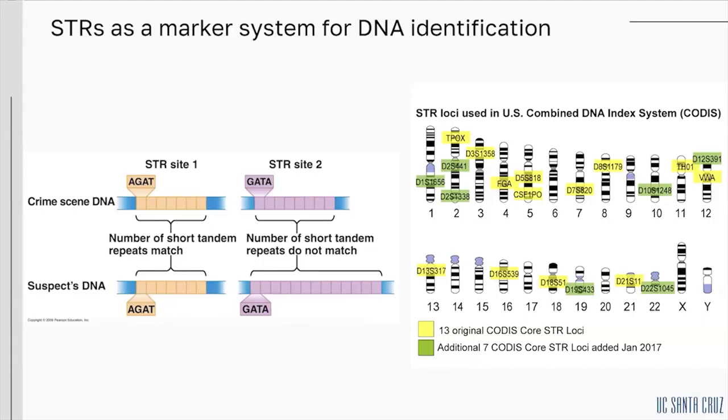A routine practice in forensic investigation is to compare the STR profile of a crime scene evidence with that of a suspect in order to calculate the likelihood of a match. And the proven effectiveness of this marker system has led to the establishment of 20 standard STR loci, now commonly used in the CODIS database in the US.